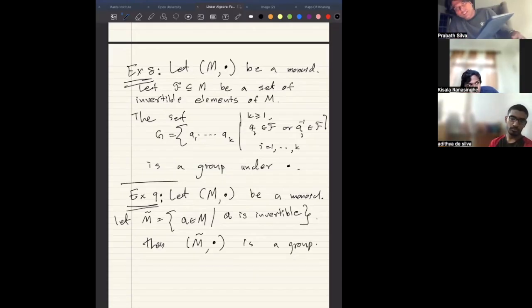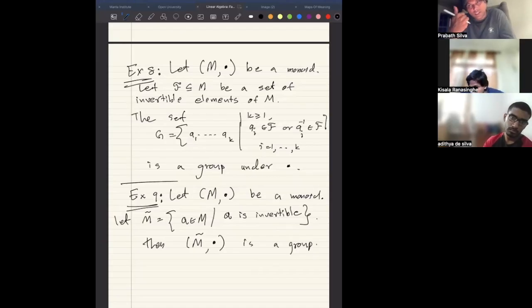So this one is actually not that difficult. So the idea is, the problem with the monoid is that you don't have the property that every element is invertible.